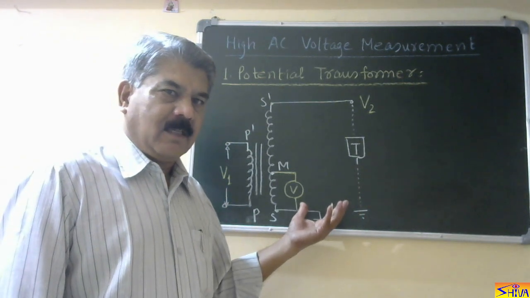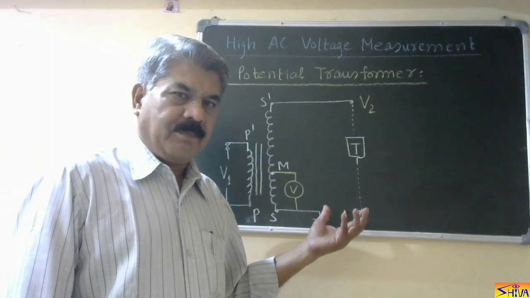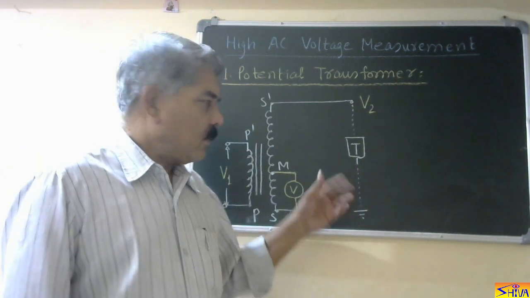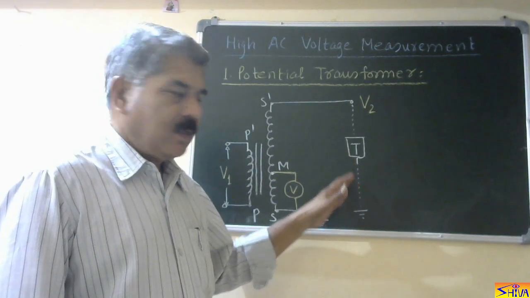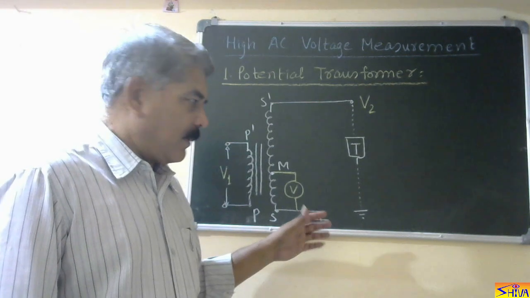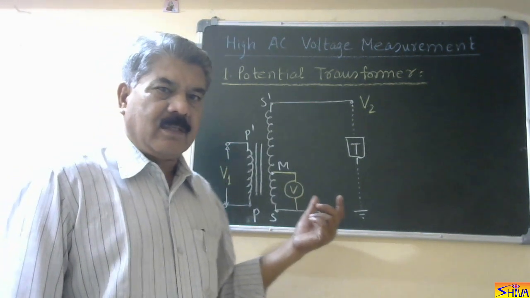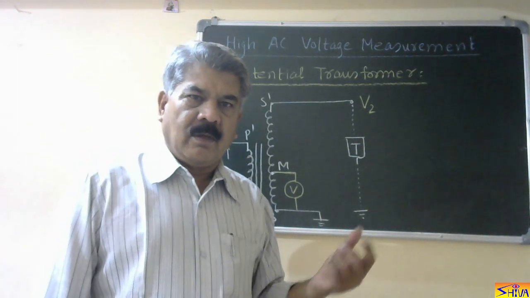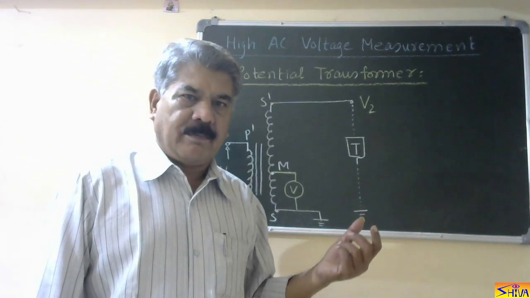If this method is without error, then we don't require any other method. It is simple. There is no extra cost. So the main reason is that the test objects are capacitive in nature, so voltage will be more than the voltage induced in the secondary winding. Therefore, this meter will show error. Therefore, this method is not used when we are using this transformer for testing electrical equipments.